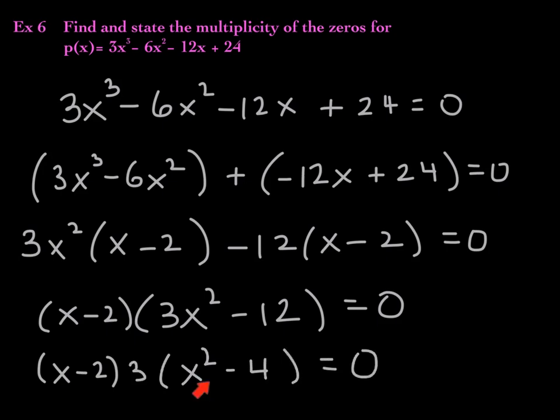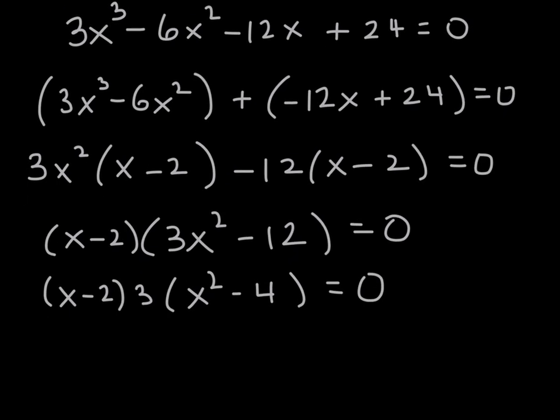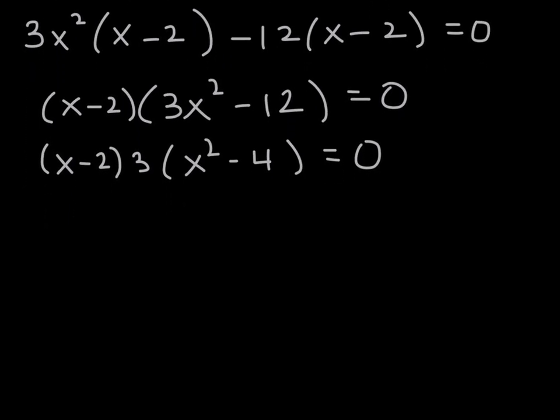This is a difference of 2 squares, so we'll continue to factor that as well. So then you have, I'm going to put the 3 out front, okay? 3 times x minus 2. And then here is x plus 2 times x minus 2. That's how you factor the difference of 2 squares.